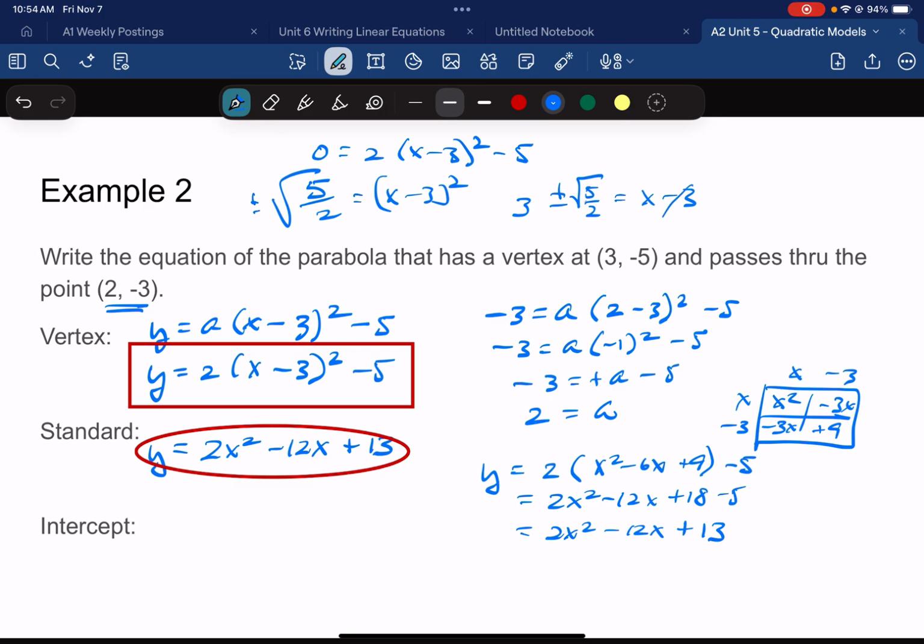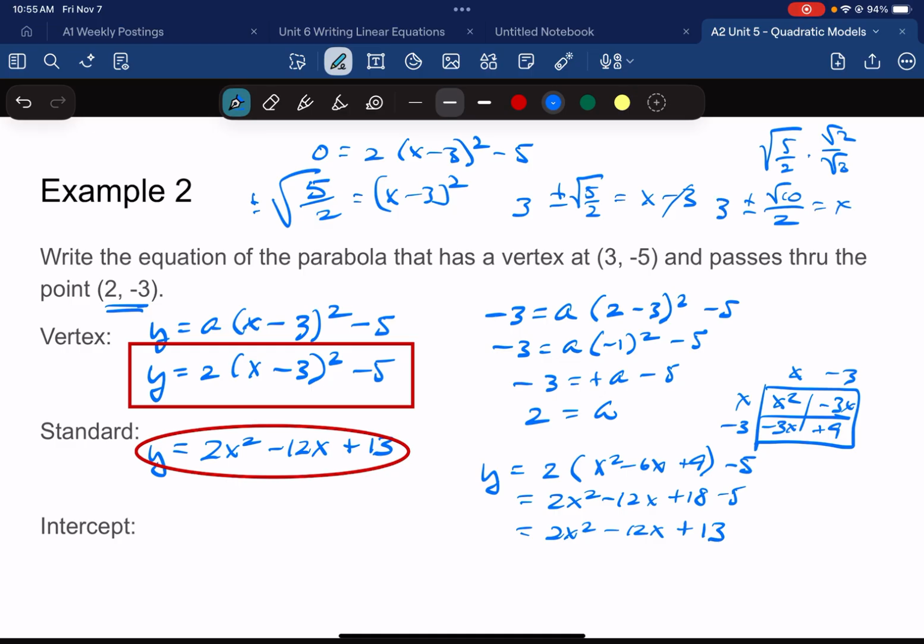So my roots are 3 plus or minus root 5 halves. So I can simplify that root 5 halves. I can't leave it like that, right? So I'm going to multiply by root 2 over root 2. And so it's root 10 over 2, okay? So there's my roots right there.